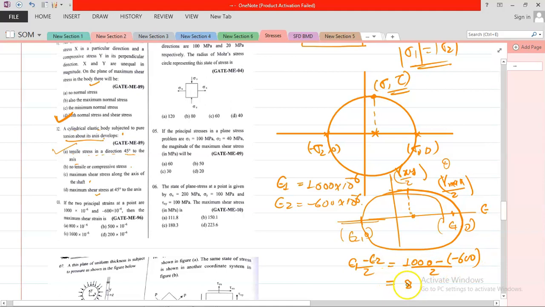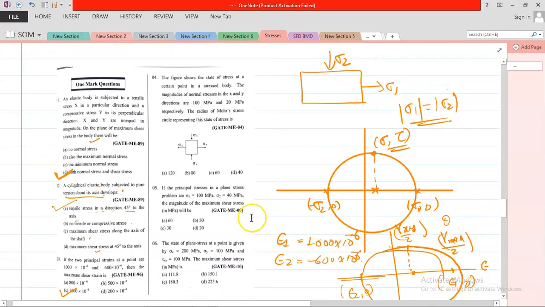So the value is 800 into 10 raised to the power minus 6. That is the value of gamma xy by 2 maximum. Now what is the value of gamma xy maximum? Multiplied by 2, that is 1600. So the option is C, 1600 into 10 to the power minus 6. Okay, so I hope everyone is clear with this.